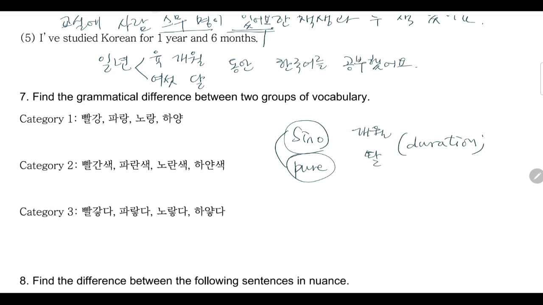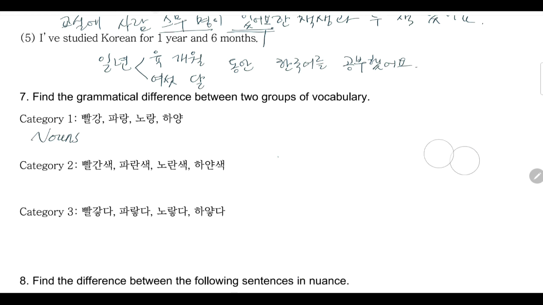You have to unify the format. So first of all, what is the difference amongst these categories? There are syntactic differences, isn't it? So category 1, they're all what? Nouns. They're all nouns. So if you want to say black in noun, you can either 검정 괜찮아요.